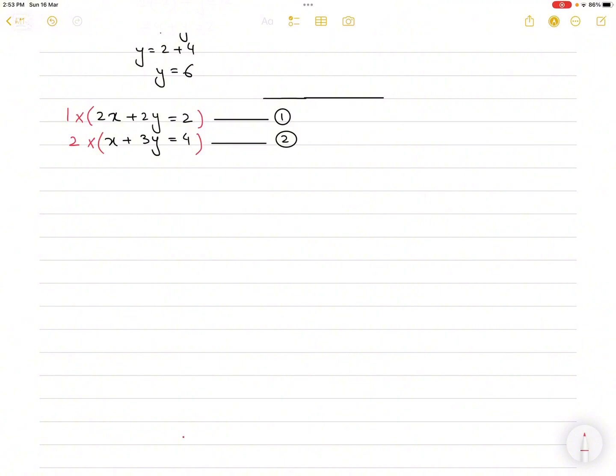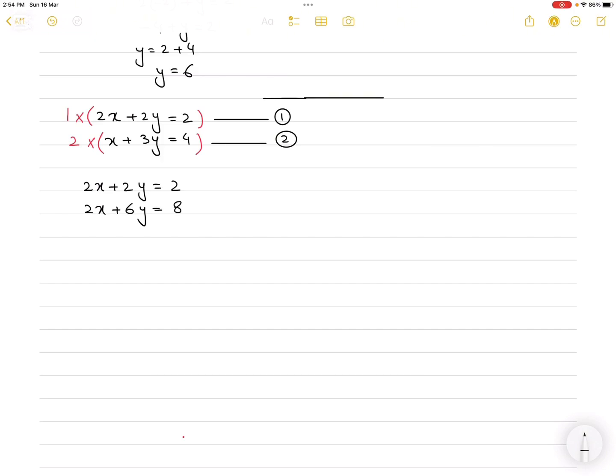So if you multiply 1 by equation 1, you get the same 2x plus 2y is equal to 2. And if you multiply 2 by equation number 2, you get 2x plus 6y is equal to 2 times 4, which is 8.